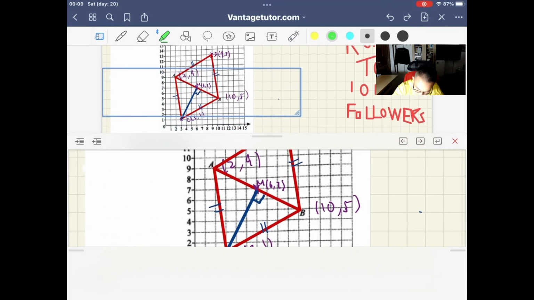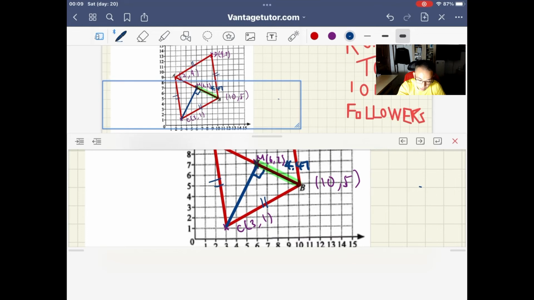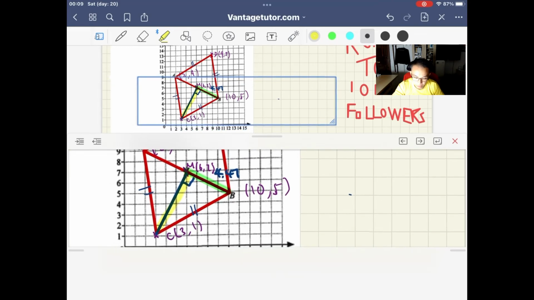I just highlighted MB, but I know that MB is equal to AM because M is the midpoint. So from here to here is actually 4.47, around there. To find the area, I just need to find the perpendicular height highlighted in yellow, which is CM.